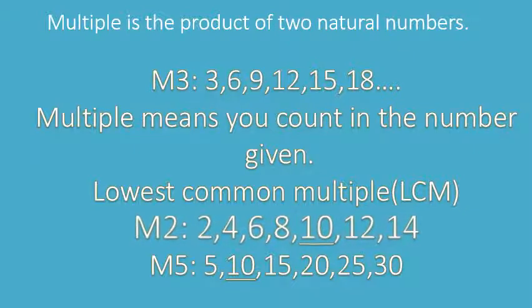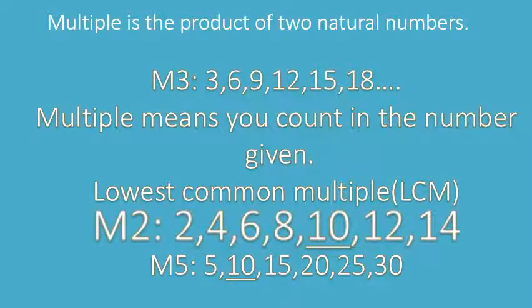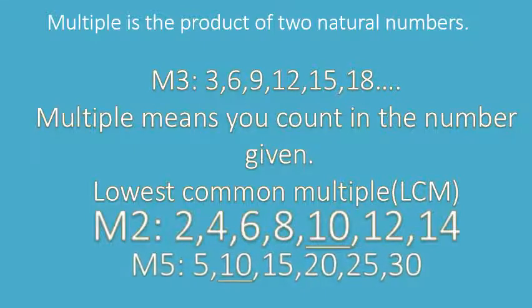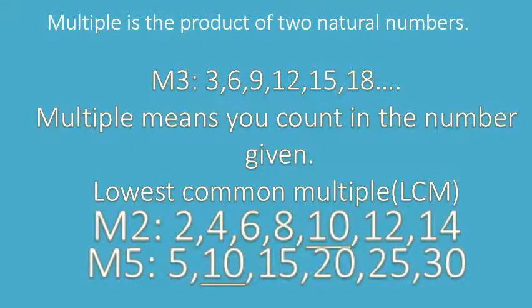So which one is the common multiplication of 2 and 5? Yes, it is the ones that are underlined, the number 10, because it's the only one that they have in common and it's also the lowest number.